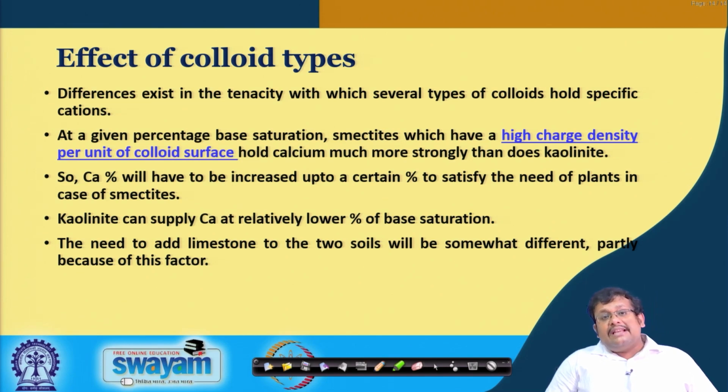Now, kaolinite can supply calcium at a relatively lower percent base saturation. So, obviously, the calcium can be available to the plant in a relatively easier way in case of kaolinite than that of smectite. Now, the need to add limestone to the two soils will be somewhat different, partly because of this factor.